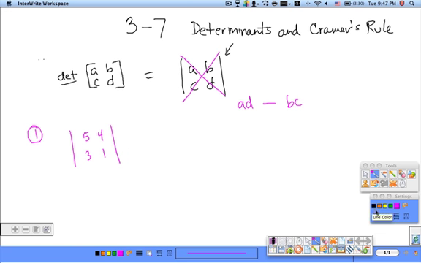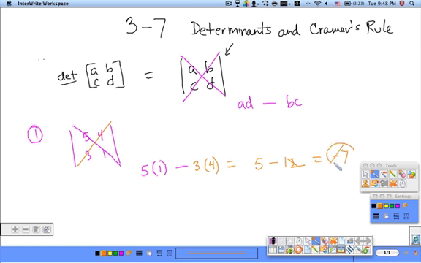So what you want to do is, just what we said, take this diagonal, which is A times D, which is 1, minus the other diagonal, 3 times 4. And this will equal 5 minus 12, which equals -7. Okay?